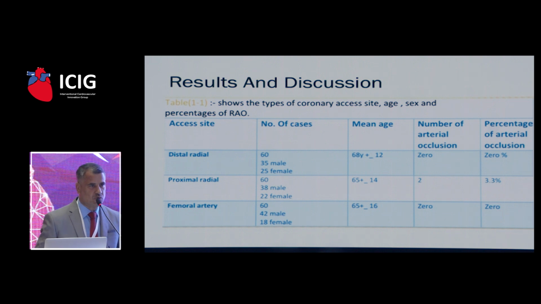So, how to monitor the radial artery occlusion? Actually, we mean not the radial artery occlusion at the site of the puncture. We mean the radial artery in the forearm, and why we try to preserve this.